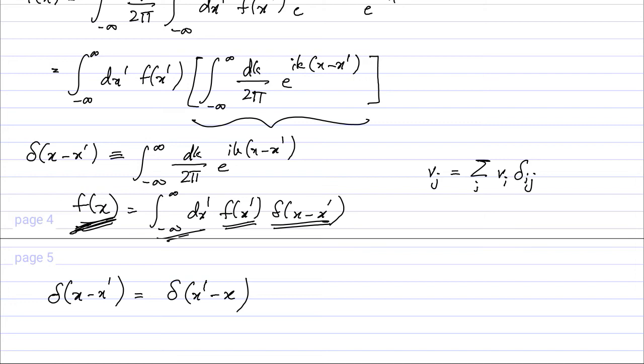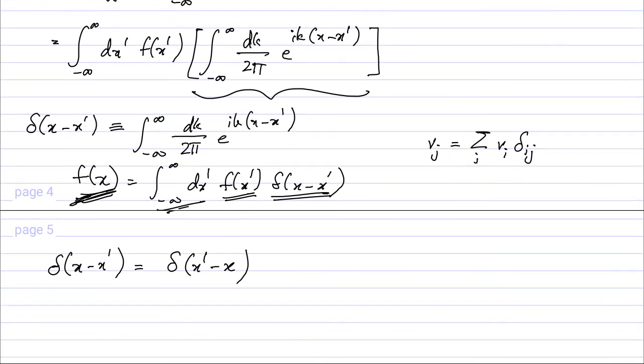So it's an even function, but more interestingly, if you try to evaluate delta of 0, what do we get? Well, you get the integral from minus infinity to infinity of dk over 2 pi, since x minus x prime is 0. That's all you're getting, because the exponent disappears.